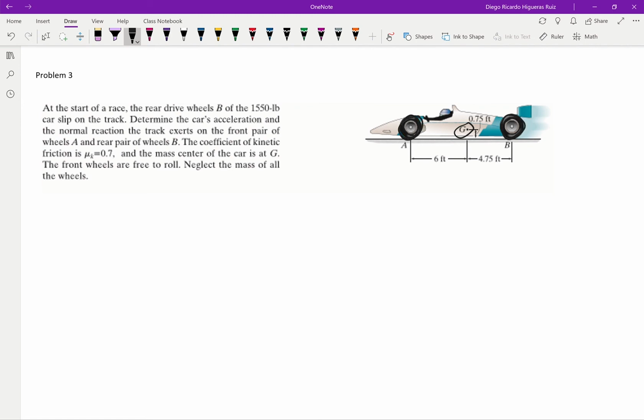That's a thing that we will study next time. And neglect the mass of all of the wheels. Okay. Alright, so here once again we're gonna write the equations of motion.